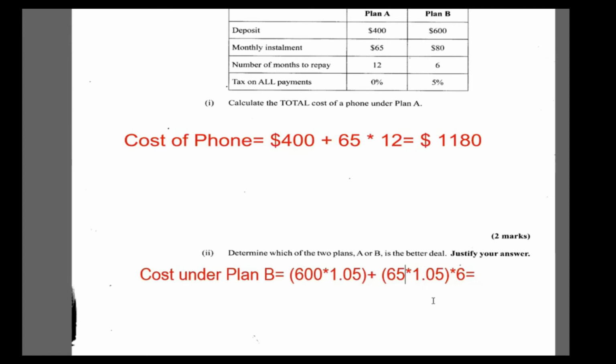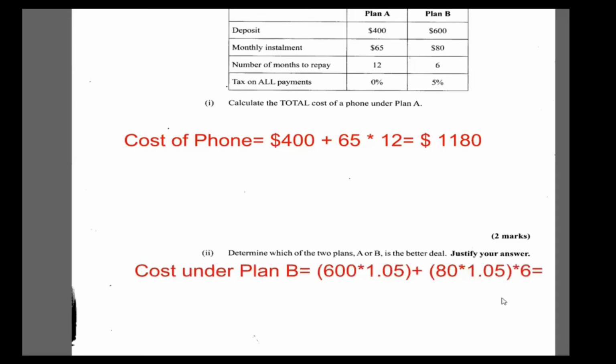This should be $80 for each monthly installment on Plan B. So 600 times 1.05 plus 80 times 1.05 times 6. I'm getting $1,134.